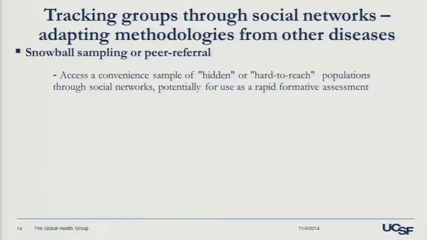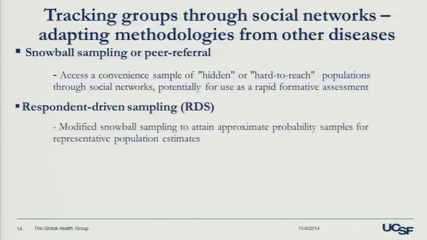And so the idea behind snowball sampling is basically using networks and peer referral to identify groups of individuals who share specific risk factors, and then both to access them, but also then to conduct surveillance and potentially deliver intervention through these potentially hidden or hard to reach, although not necessarily hard to reach, populations through social networks.